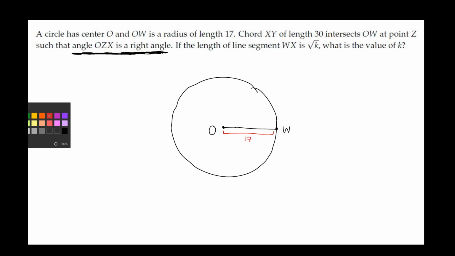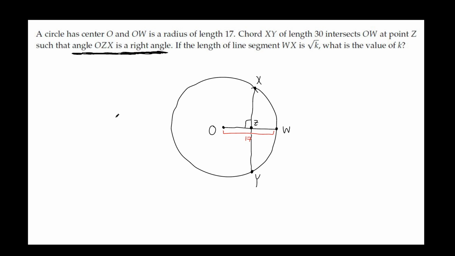And in this case, let's say that I draw a potential idea of the chord. Let's say that that's the chord XY. It's going to intersect at point Z. OZX is a right angle. And now I say, aha.